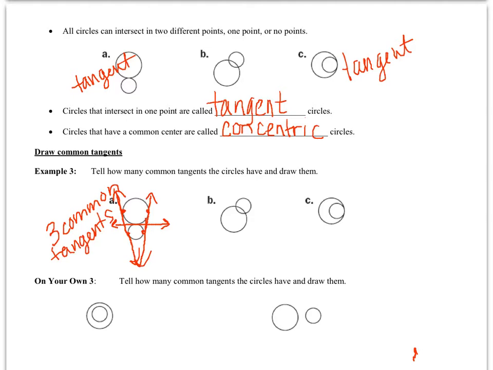Let's look at B here. Now if you look at the middle, I couldn't draw a line right through here because it would touch in 2 spots, but I could still draw that line that comes right here and another line that comes right through on the side over here. So this one is just going to have 2 common tangents.